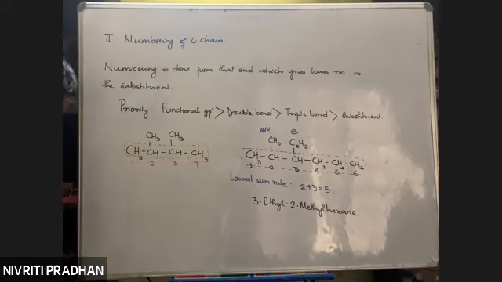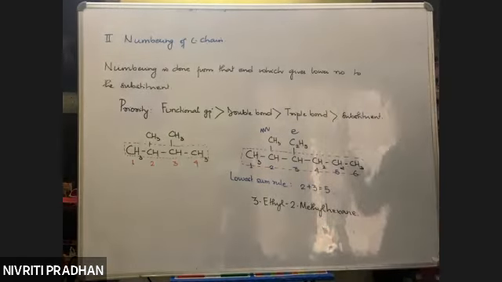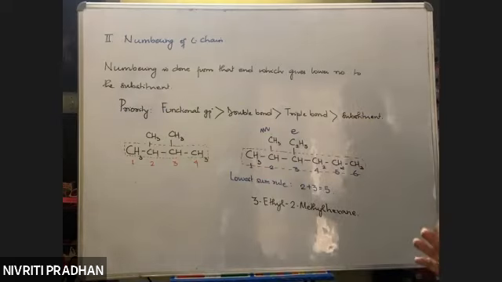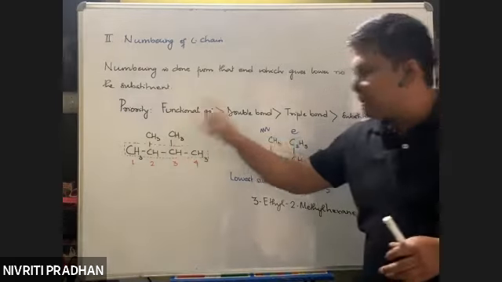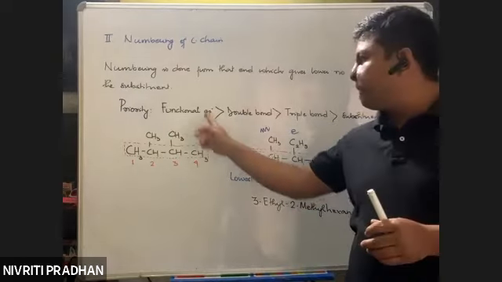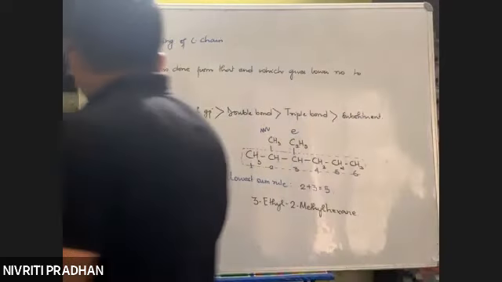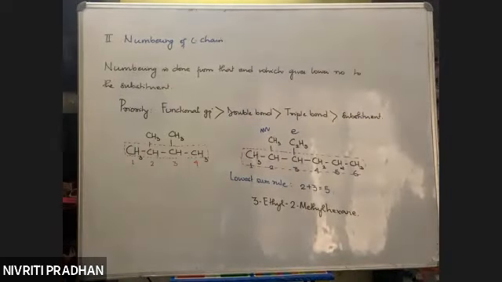Now, if there is more than one identical substituent, then we use the numerical prefix di when the substituent is repeated twice. If the substituent occurs thrice, we use the prefix tri, then tetra, and so on. So how many methyl groups are there? Two.